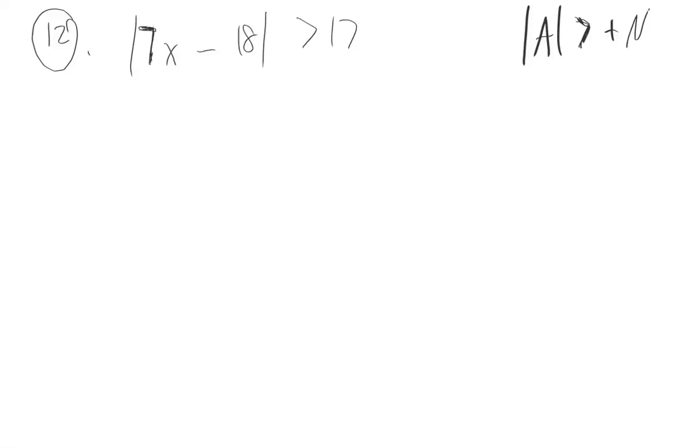Number 12, instead of a conjunction, is a disjunction. It says the absolute value of 7x minus 18 is greater than 17. When you have the absolute value of anything greater than a positive number, that means it's a big value.